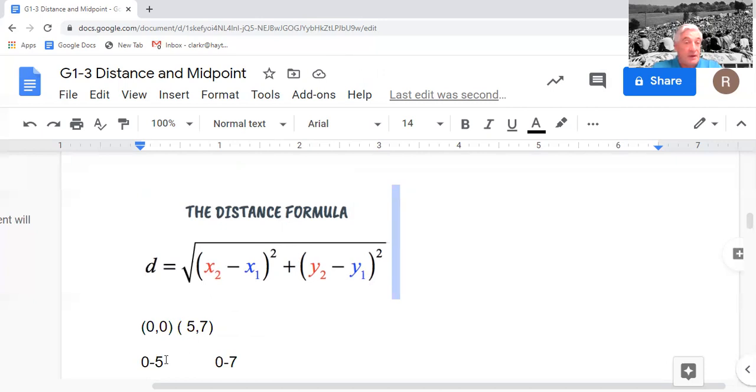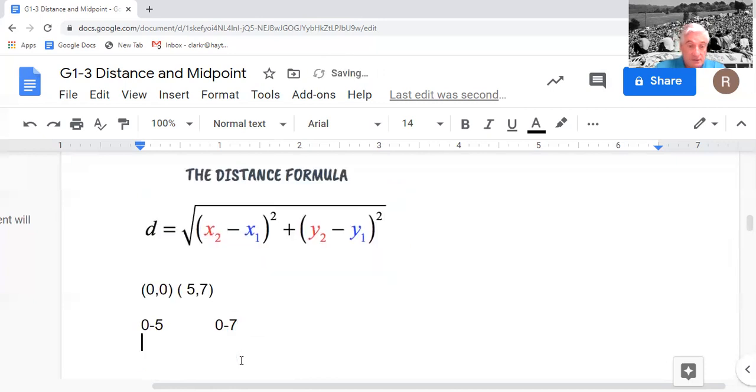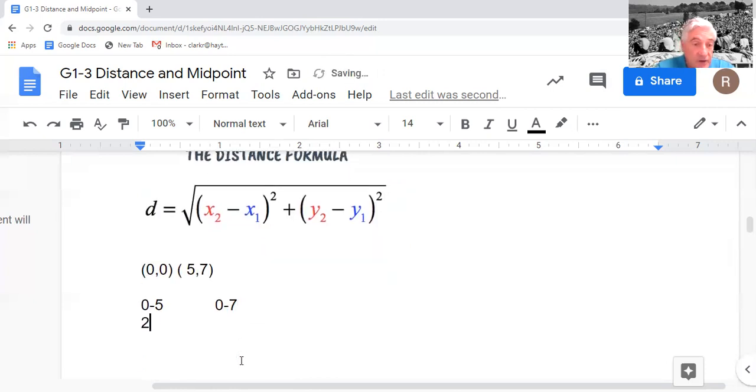When you square them, the minus signs disappear. Minus 5 squared is 25, right? Minus 7 squared would be 49. So now we've squared them. Then we have to add them together. 49 plus 25 is equal to 74.